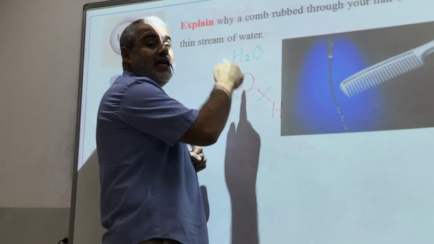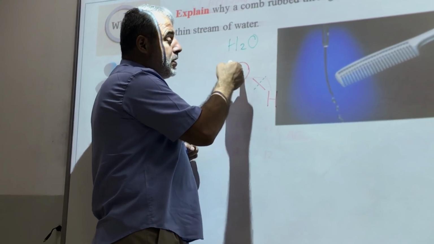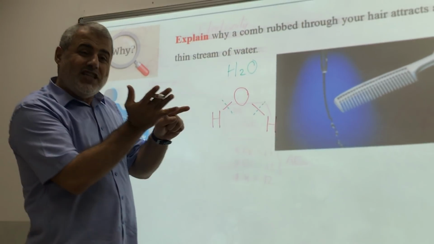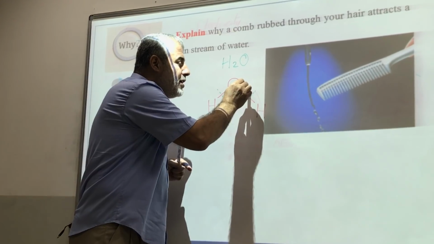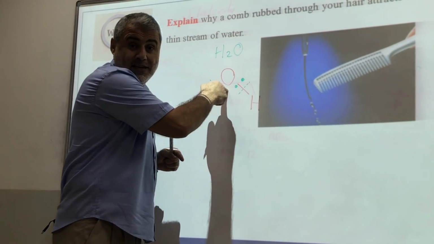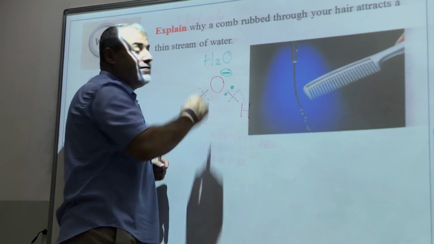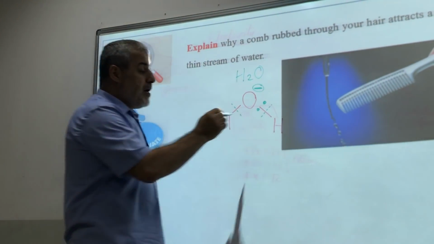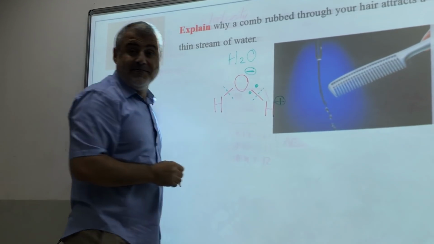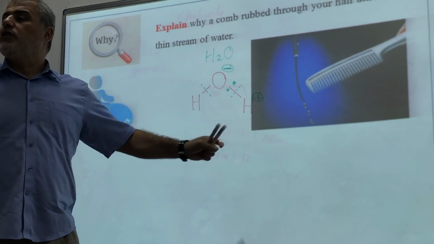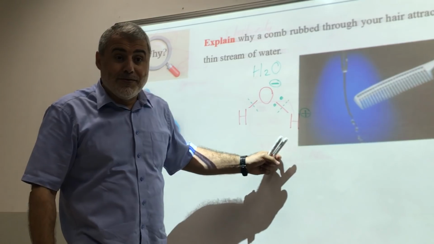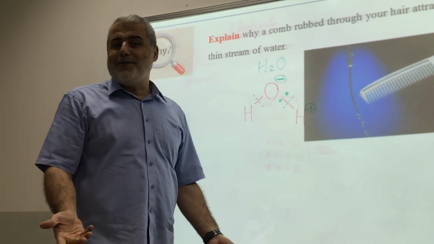But due to the high electronegativity of the oxygen, it will shift the electrons partially towards the oxygen. So there will be a partial negative sign on the oxygen, and a partial positive sign on the hydrogen. That's why we call water a polar molecule. Polar conducts electricity, guys.